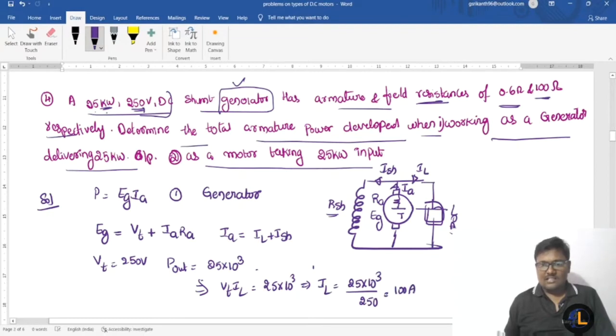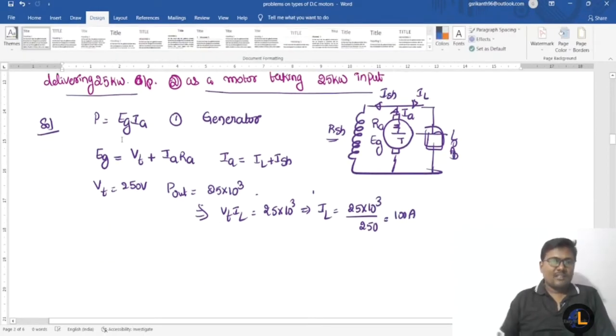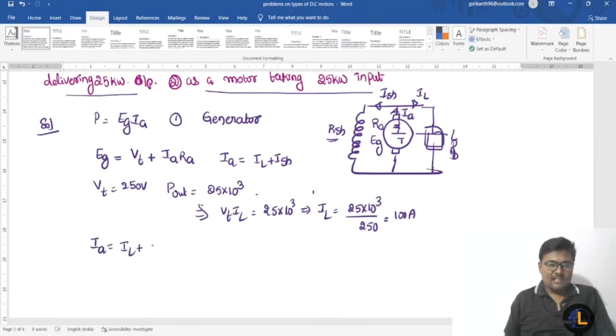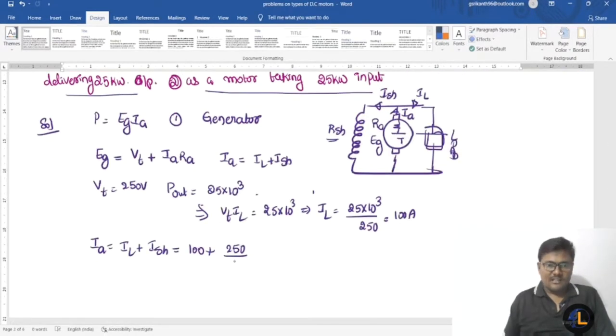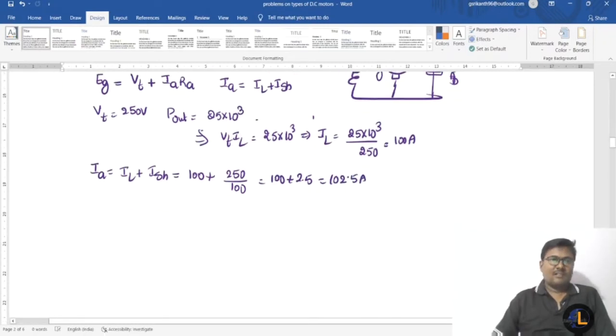So the load current is 100 amperes. IA is equal to IL plus ISH, 100 plus 250 divided by RSH. The shunt field winding resistance is 100. So 100 plus 2.5, 102.5 amperes.